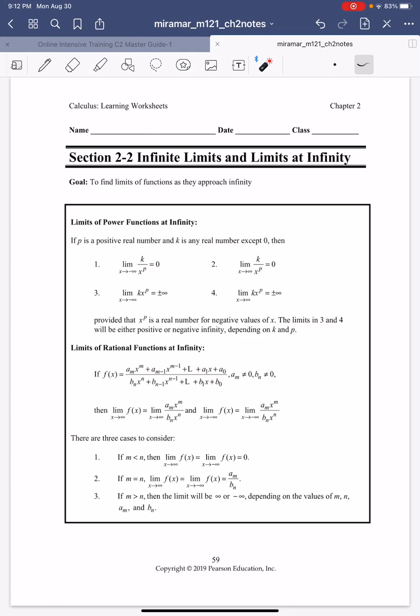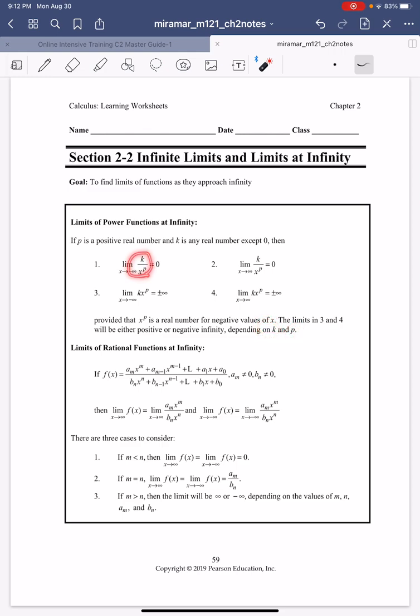On the other hand, if you multiply k times x to the p, and this x value gets very close to a very big number, negative or positive, raised to the positive power, you're going to get either positive infinity, really big, or negative infinity, really small, depending on what k and p are. Okay, so keep that in mind.